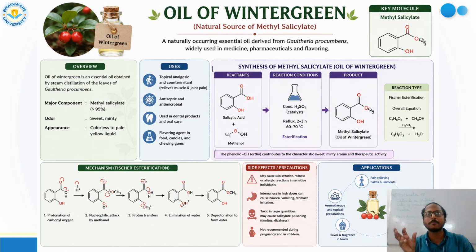Because it is a very simple molecule, we can get it from natural sources as well as by laboratory synthesis. Oil of wintergreen is basically methyl salicylate. We start from salicylic acid, and after esterification we finally get oil of wintergreen. It has a very sweet smell.